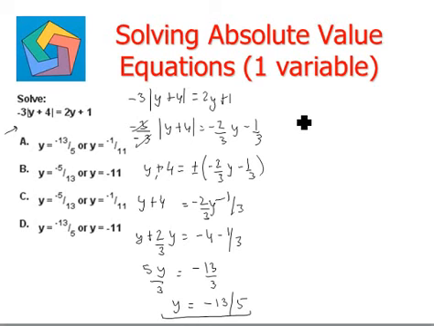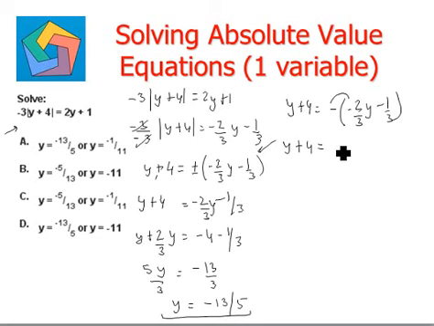To find out the second value of y, we will take this equation: y plus 4 equals negative of 2/3 of y minus 1/3. Let's simplify the parentheses first: negative times negative is a positive 2/3 y, and again negative times negative is a positive 1/3. First we subtract 2/3 of y from both sides and subtract 4 also from both sides.